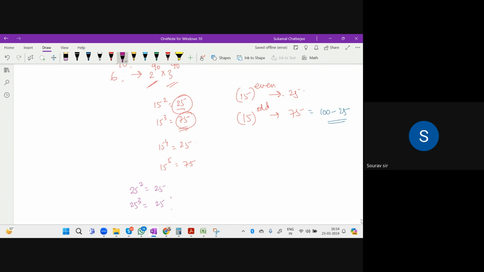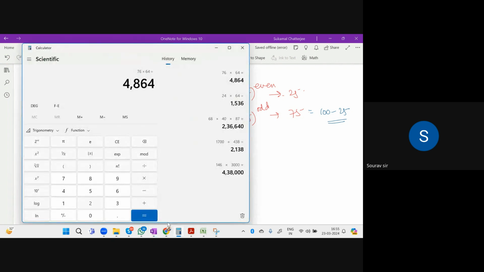Now let's look at 35. 35 square is how much? 1225. Last two digits 25. 35 cube, 25 into 35, how much? 875.